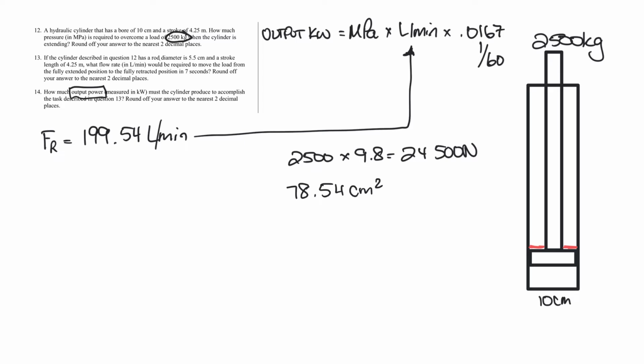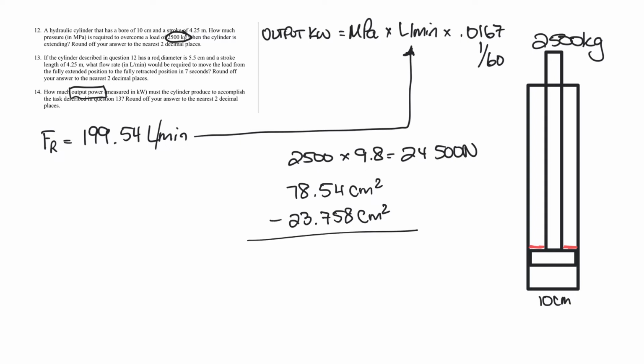And then we had to remember the rod, when we took the 5.5 centimeters and did our area calculation, was going to be 23.758 centimeters squared. And so then the annular surface area, or the effective surface area that we're going to actually be working on, is going to be the difference between those two numbers, because we're taking the rod away from the piston. So just simply subtract.